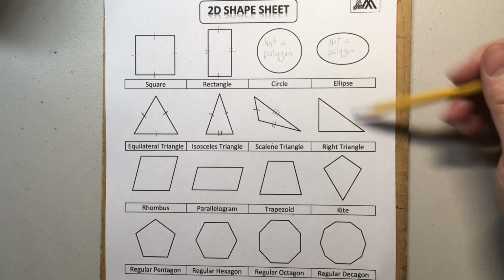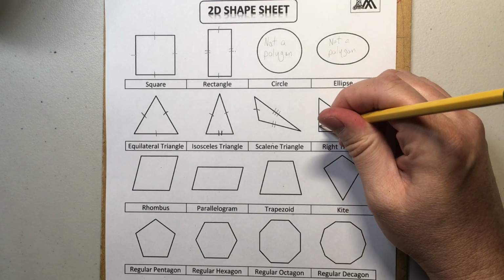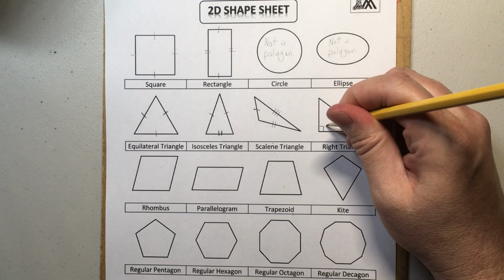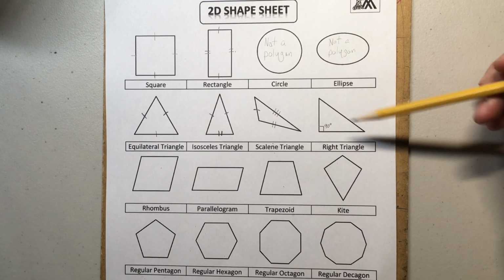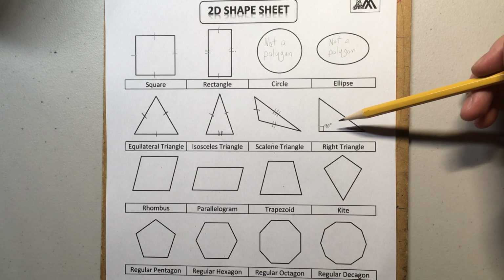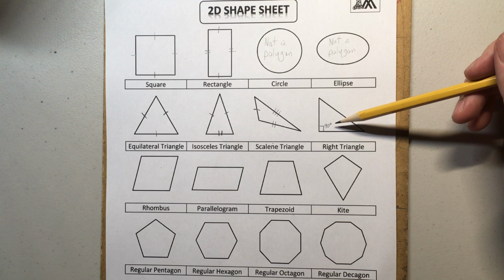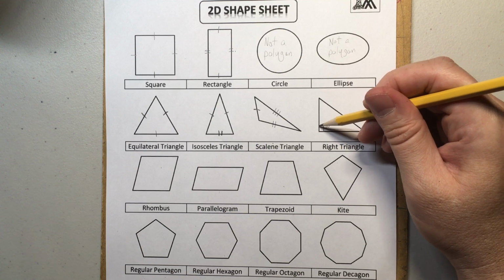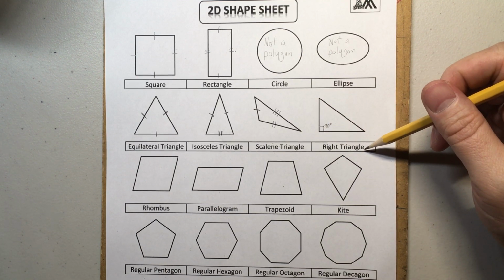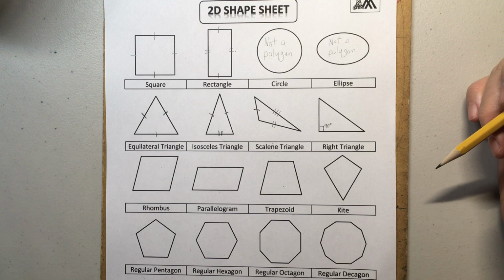A right triangle here means that it has a corner that measures a 90-degree angle. In the next video I do, I'll show measuring angles and stuff. But this symbol here means that it's a right angle. That's why it's called a right triangle.